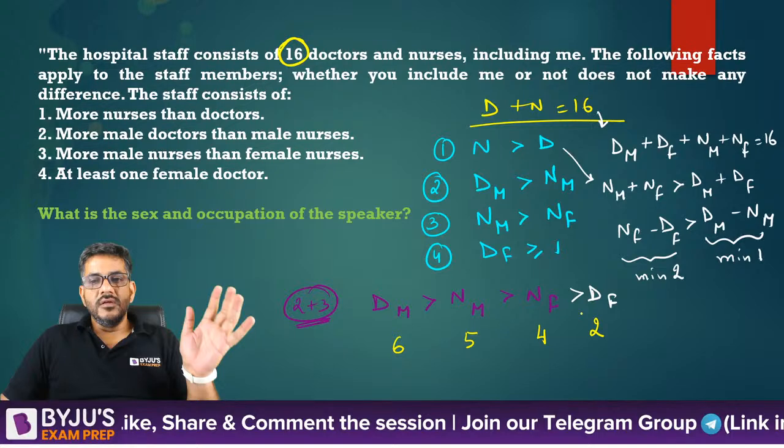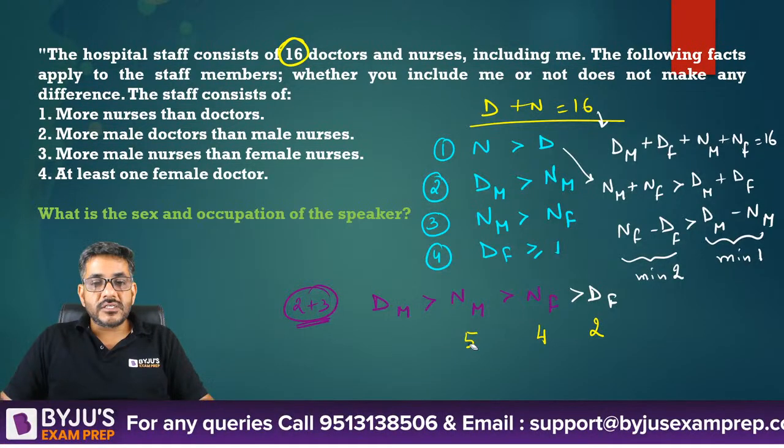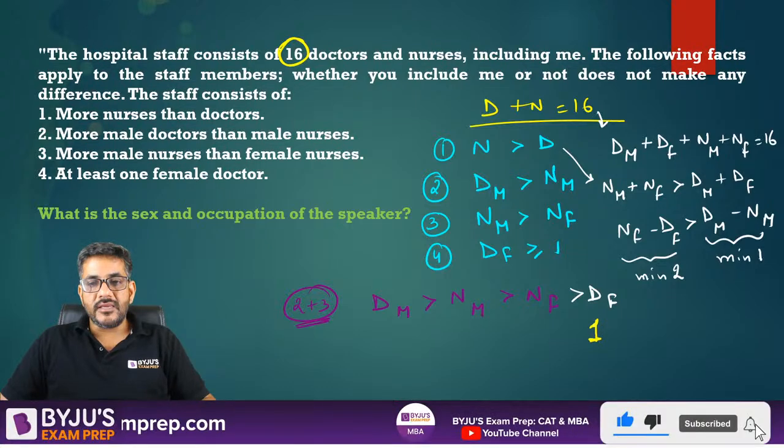This has to be equal to 6, and by that I said the total becomes 17. That means DF cannot be 2. It is fixed that DF has to be equal to 1. I hope all of you are getting my point here now.